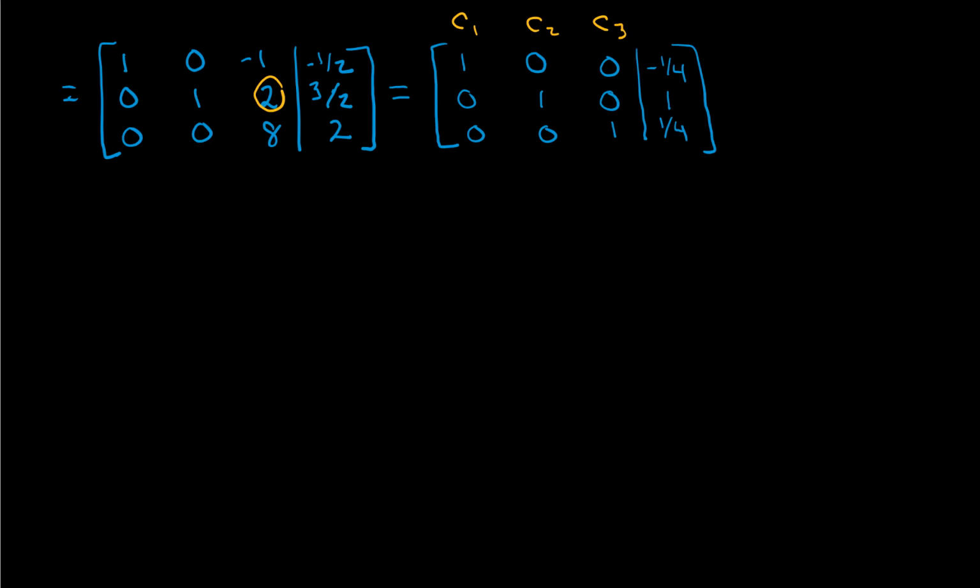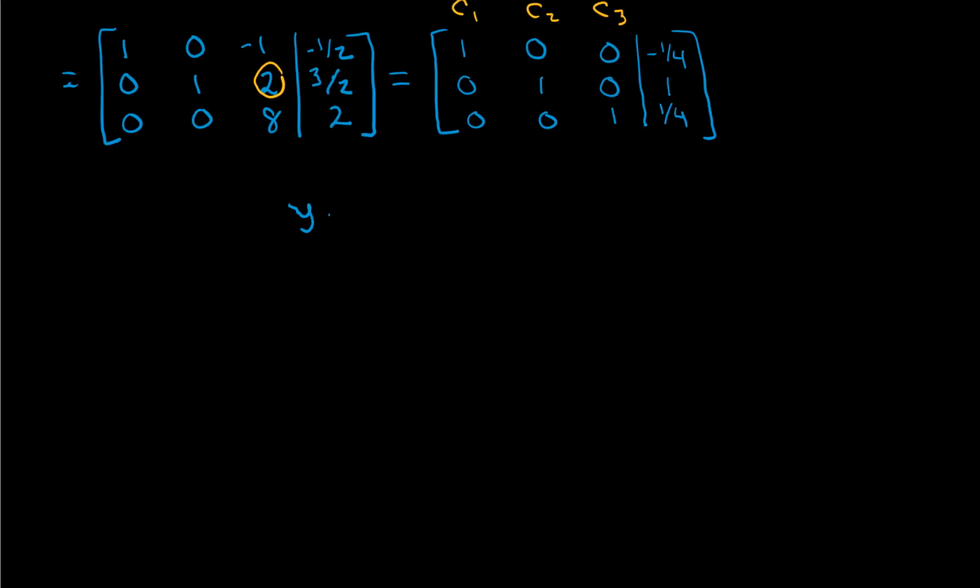We can then take these values and substitute them into the general solution. Recall our general solution was y equals C1 e to the negative x plus C2 e to the x plus C3 e to the 3x. But we can read from this, which is actually called an augmented matrix, the value of C1 is a negative 1/4.